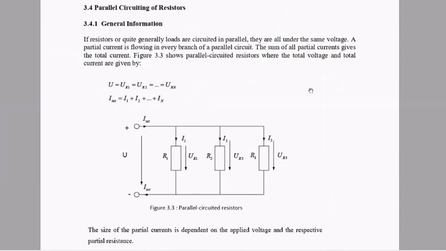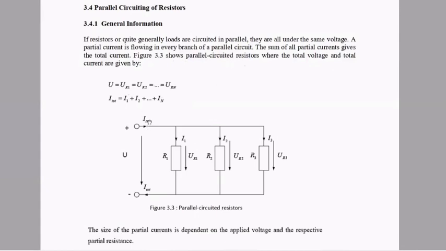The sum of all partial currents gives the total current. Figure 3.3 shows parallel circuited resistors where the total voltage and total current are given by U equal to UR1 equal to UR2 equal to URn, and I total is equal to I1 plus I2 plus In.